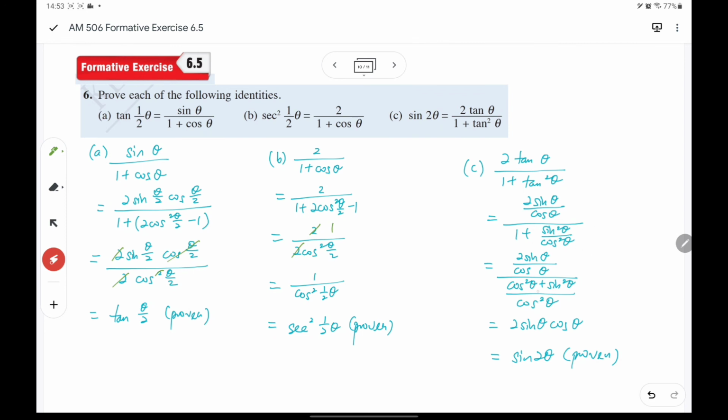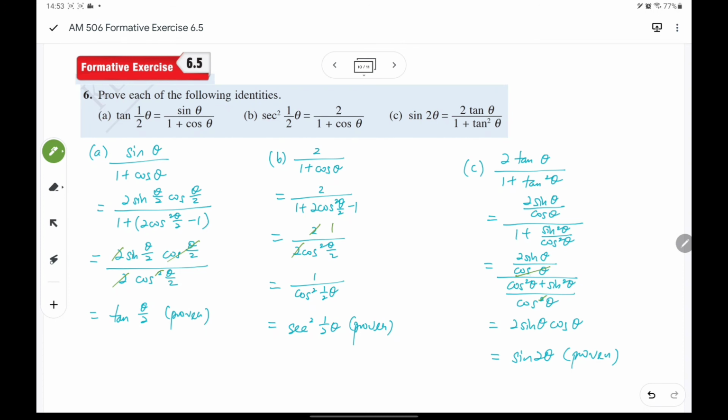So we get 2 sine theta over cosine theta over cos square theta plus sine square theta over cos square theta. So now, the denominator is not the same, but we have common factor that we can cut off.